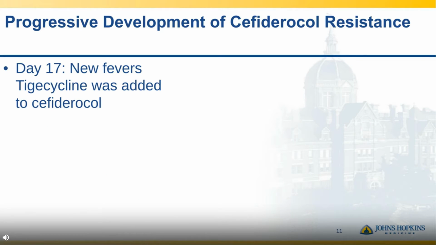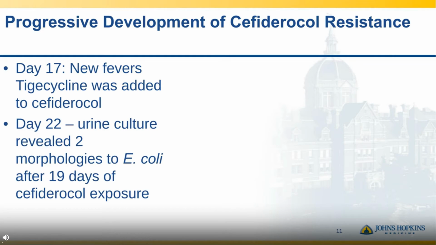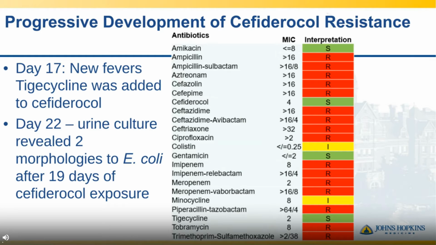The patient unfortunately developed new fevers on day 17, and tigecycline was added to the cefiderocol at that point. And on day 22, a urine culture revealed 2 morphologies of E. coli after 19 days of cefiderocol exposure. The first morphology demonstrated a slightly elevated MIC to cefiderocol as well as minocycline.